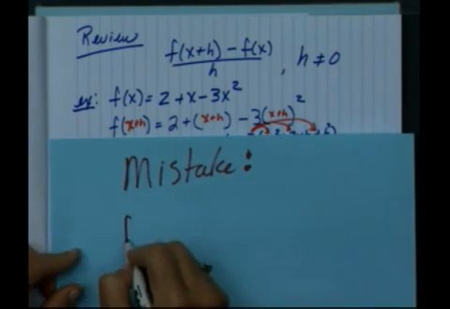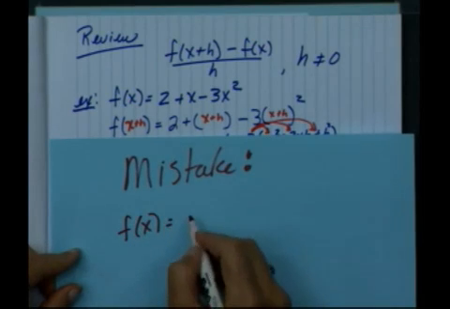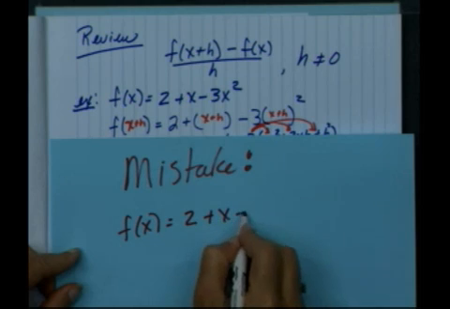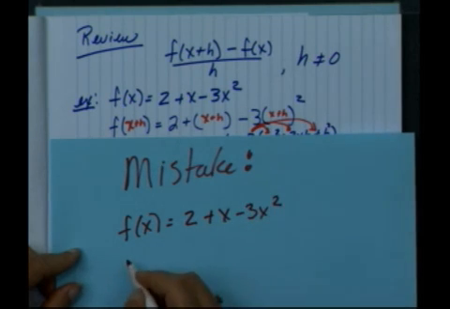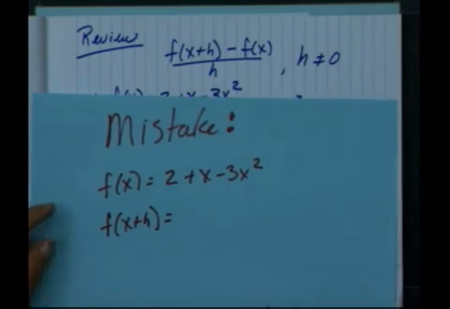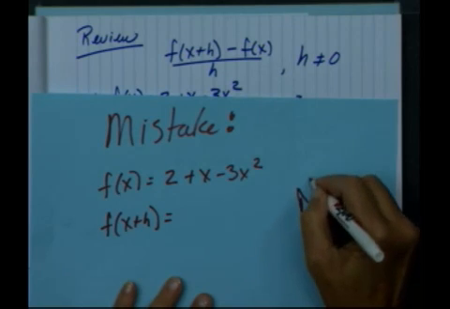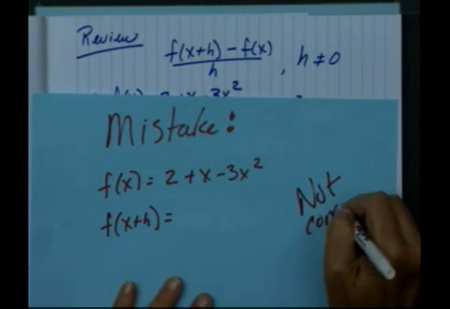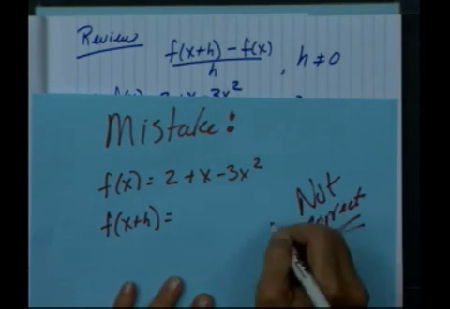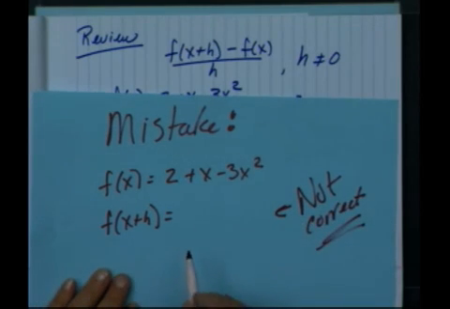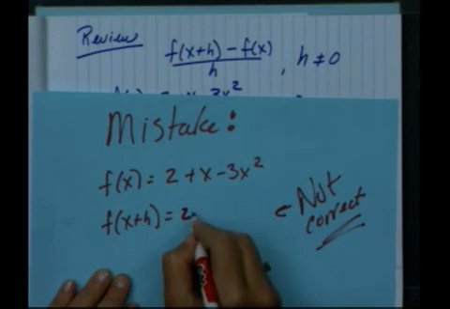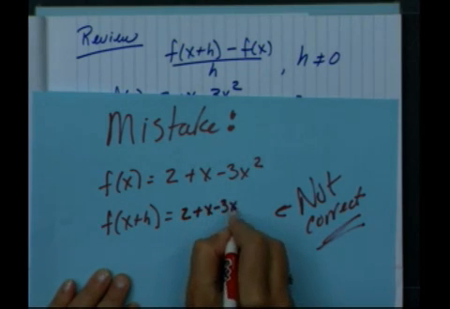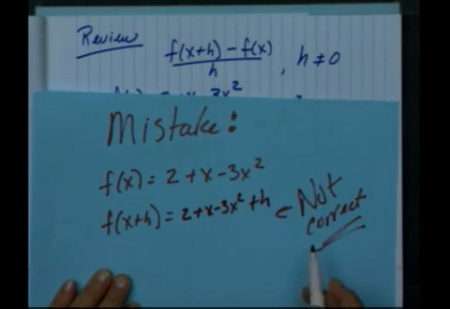I've seen people say, okay, if f of x is 2 plus x minus 3x squared, and you're asked to find f of x plus h, what I'm seeing that is not correct, this is in case anybody's daydreaming, what I've seen people do is write 2 plus x minus 3x squared plus h.